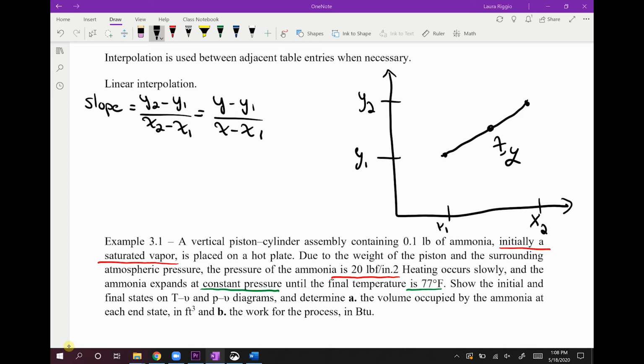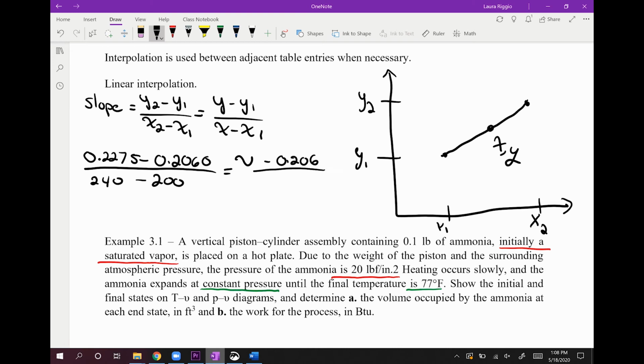So I could say that my specific volume at 240 minus my specific volume at 200, divided by 240 minus 200, is equal to the specific volume I'm looking for minus the specific volume at 200, divided by the temperature at which I want my answer minus the temperature of my lower bound. If I do that, I find that my specific volume is 0.2141 meters cubed per kilogram.